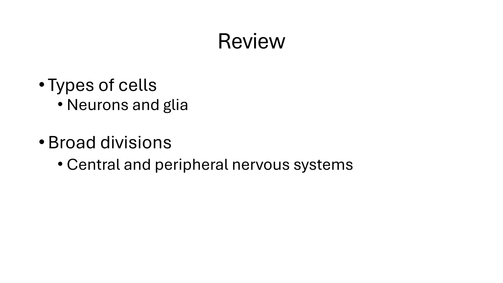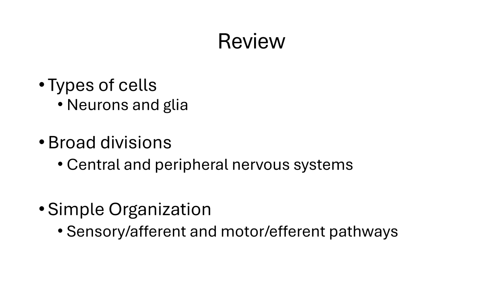And at the end, we talked a little bit about how the nervous system can be divided into the sensory or afferent pathway and the motor or efferent pathway when it comes to information flow.